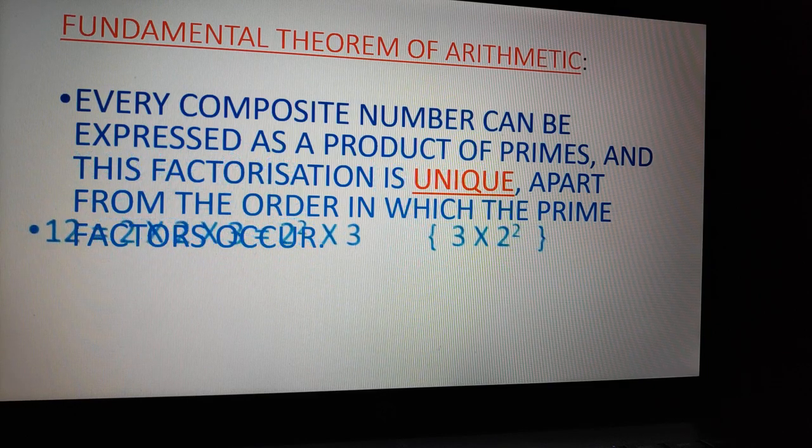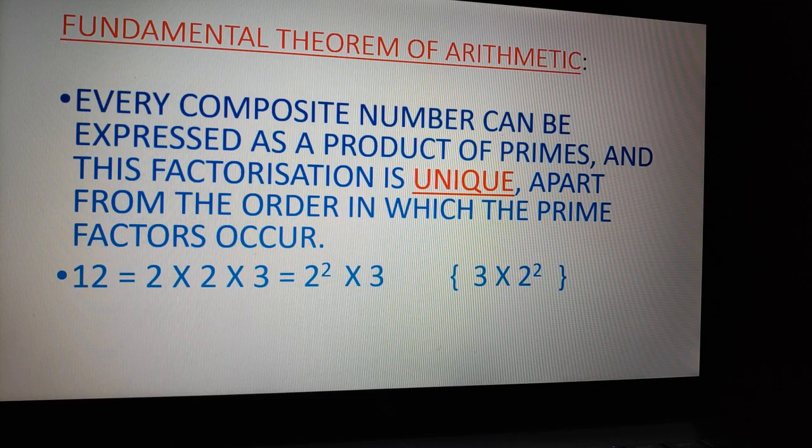Suppose 12. When we factorize 12, 12 is equal to 2 multiplied by 2 multiplied by 3. Here 2 and 3 are the prime factors. This can be written as 2 square multiplied by 3. This is the prime factorization of 12. In another sense, it can be written as 3 multiplied by 2 square also.